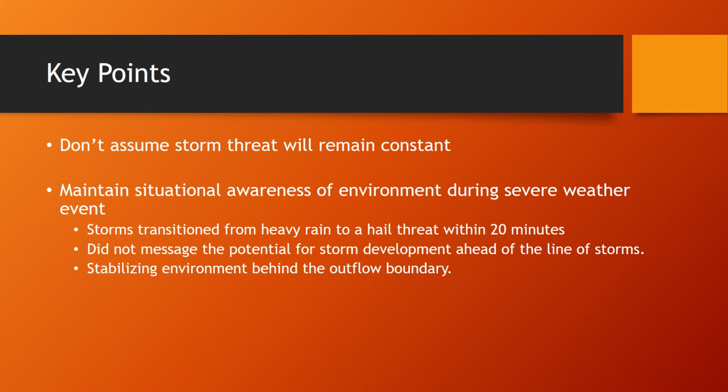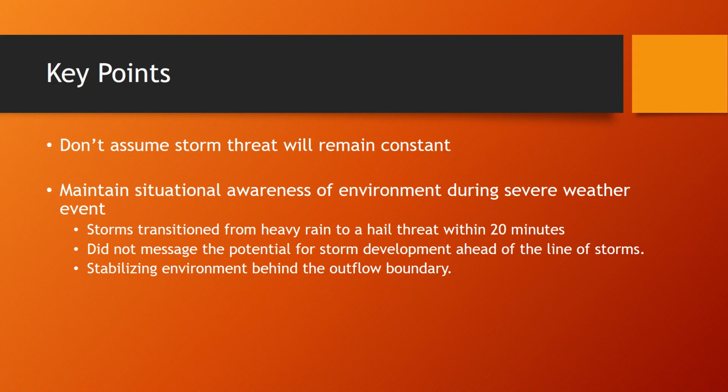And because we are so focused on that first line of storm activity moving in from the north, we didn't message the potential for storm development over the stationary front ahead of that cold pool and that outflow boundary. So because we weren't staying situation aware of the environment over our area as a whole, we missed that opportunity to communicate that other area of storm development a little bit later on in the day.